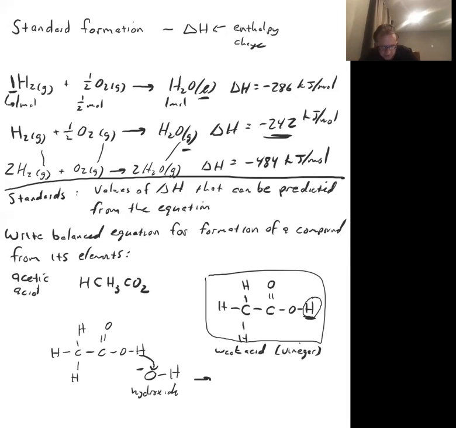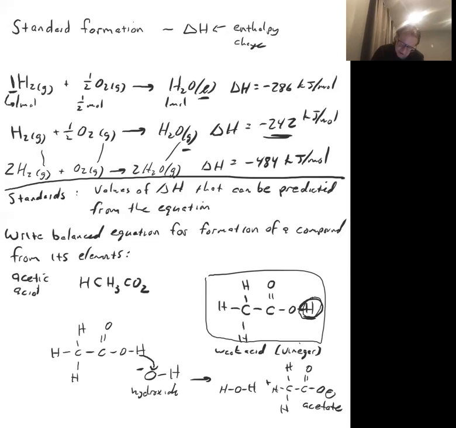And so the hydroxide ion would become water, and the acetic acid would be called acetate. This is called acetate. So it's an acid, and this is the acidic hydrogen on that acid.